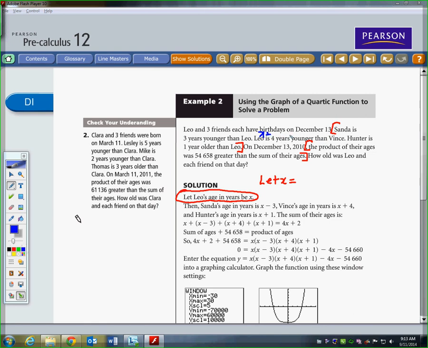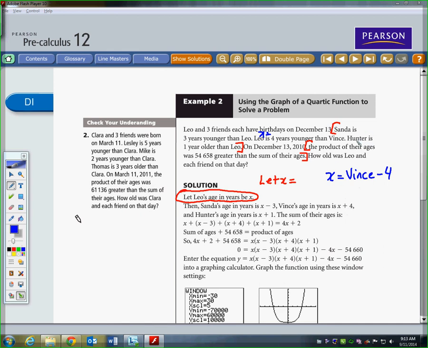So Vince minus 4. So x equals Vince minus 4. So then what's Vince? Vince would be x plus 4. So that's where this comes from. Vince's age in years is x plus 4.